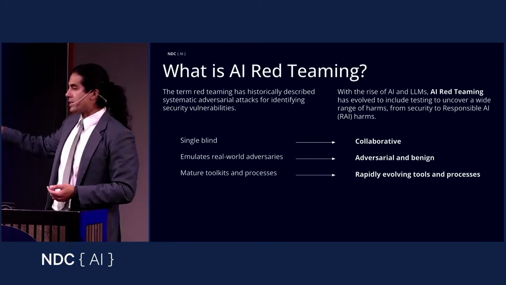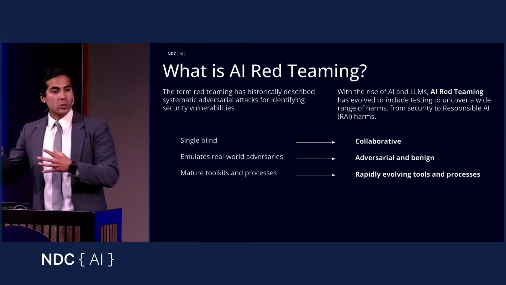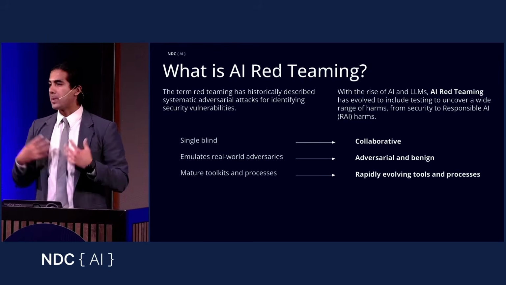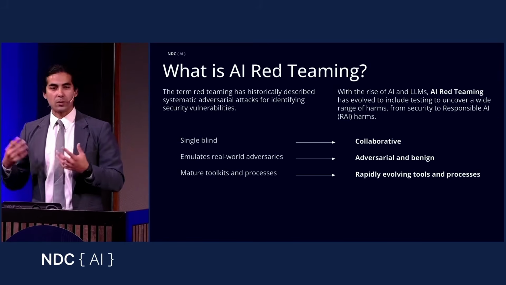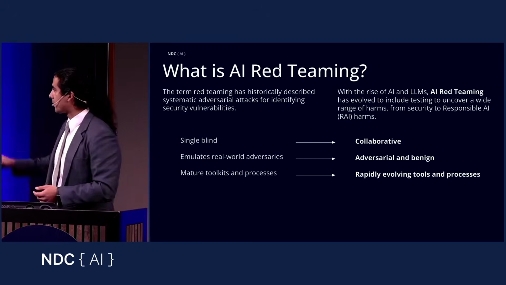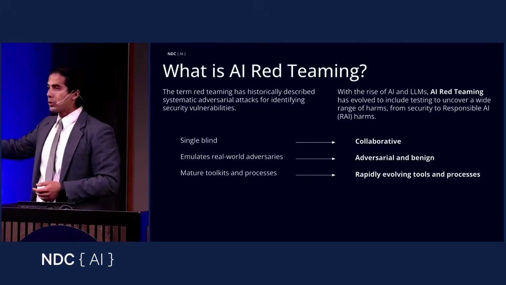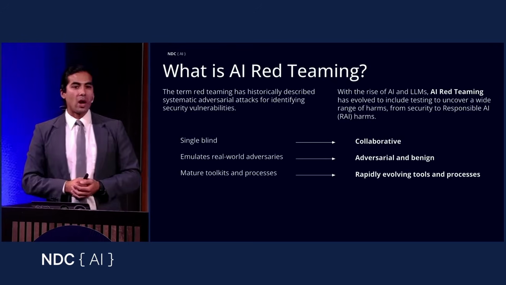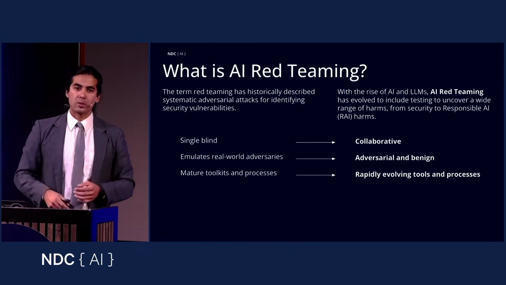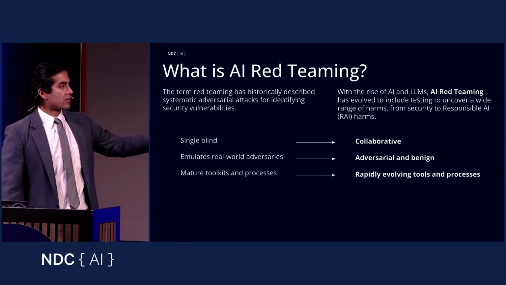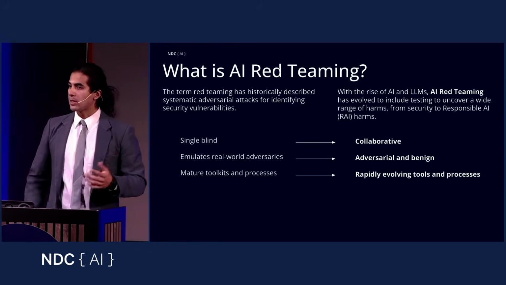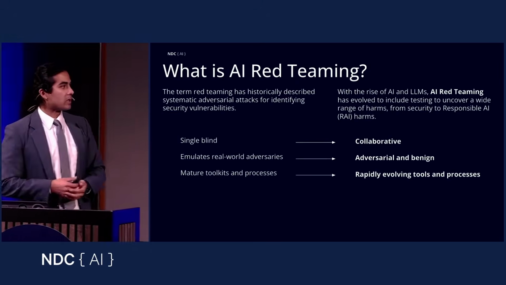With AI red teaming, we certainly try to do that as well, but because it's such a new field, we also take on the benign persona and try to see how models fail when we're not being adversarial against them. Lastly, traditional red teaming has been around for a while, and there are plenty of tools and mature toolkits to do that work. With AI red teaming specifically, things are evolving very rapidly, and we're building the plane as we fly.